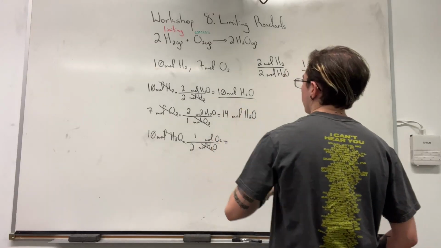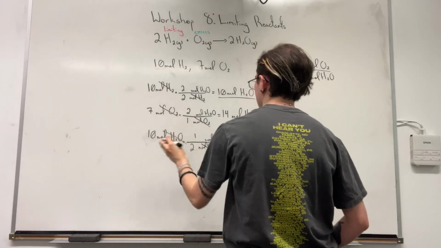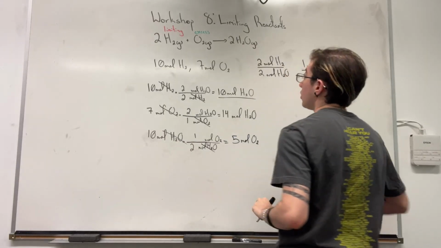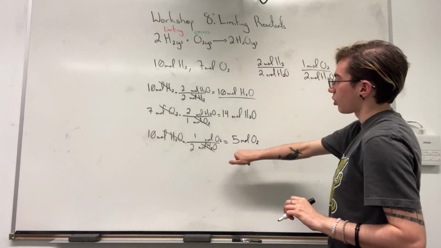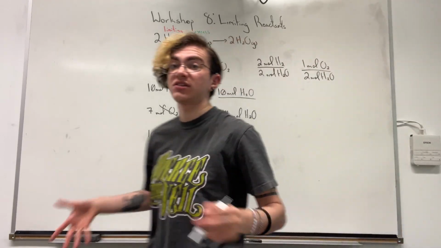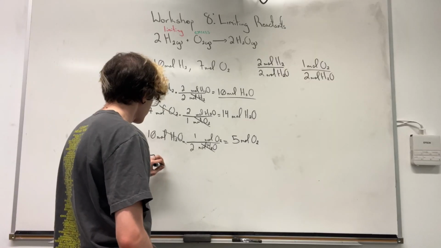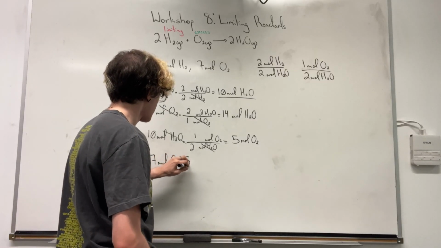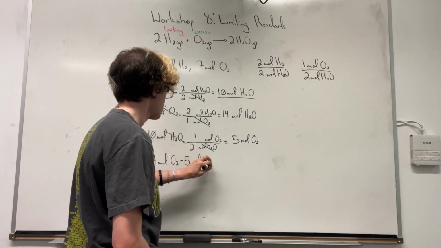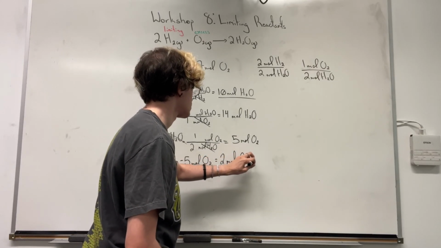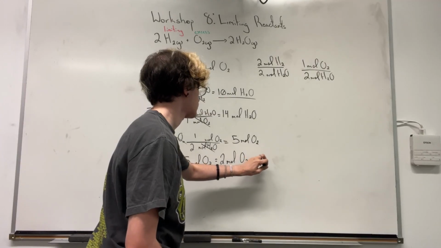To make 10 moles of water, 10 moles of hydrogen are going to react with only 5 moles of oxygen. We have 7 moles to start with, we're only going to use up 5 moles, and so the difference is going to be the excess that we have left over. 7 moles of oxygen minus 5 moles of oxygen. We have 2 moles of oxygen in excess.